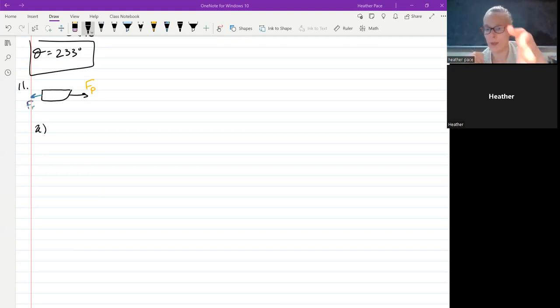So we know for sure that acceleration is moving forward. But let's add up our forces here. So if propeller's going forward, resistance is going back, we can say that our propeller force is in the positive direction. So we're going to say our net force equals FP plus FR.